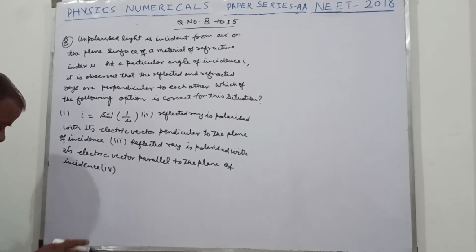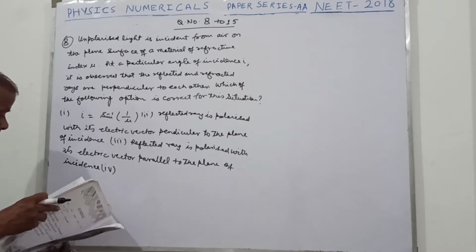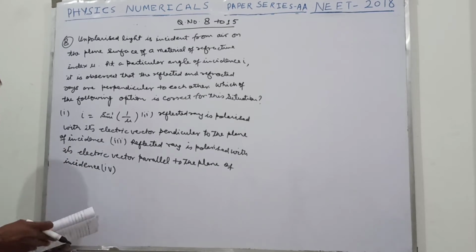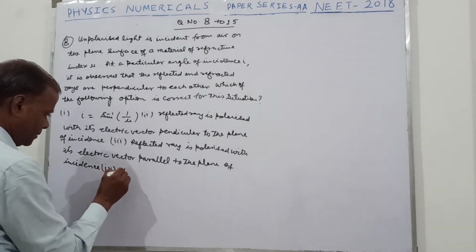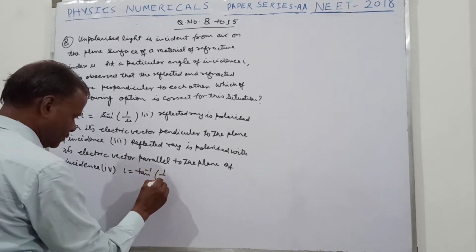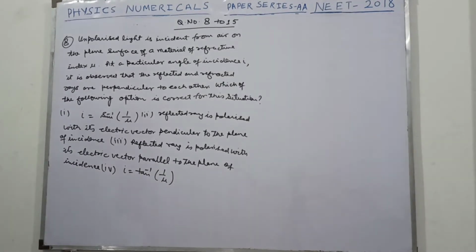And now fourth: i equal to tan inverse 1 upon mu. These are the options.